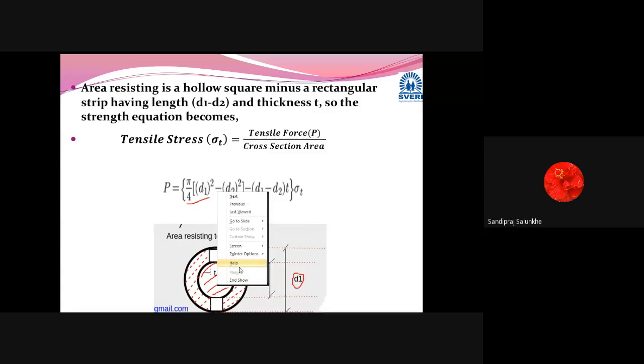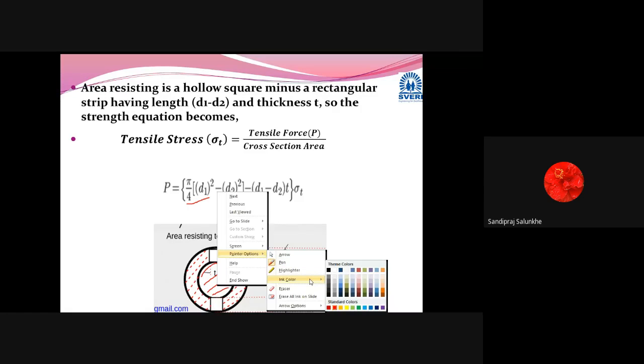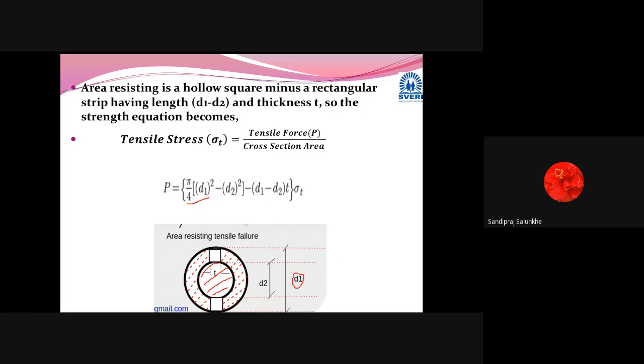The area to subtract will be equal to pi by 4 d2 square. We can take pi by 4 as common, and that will become d1 square minus d2 square.